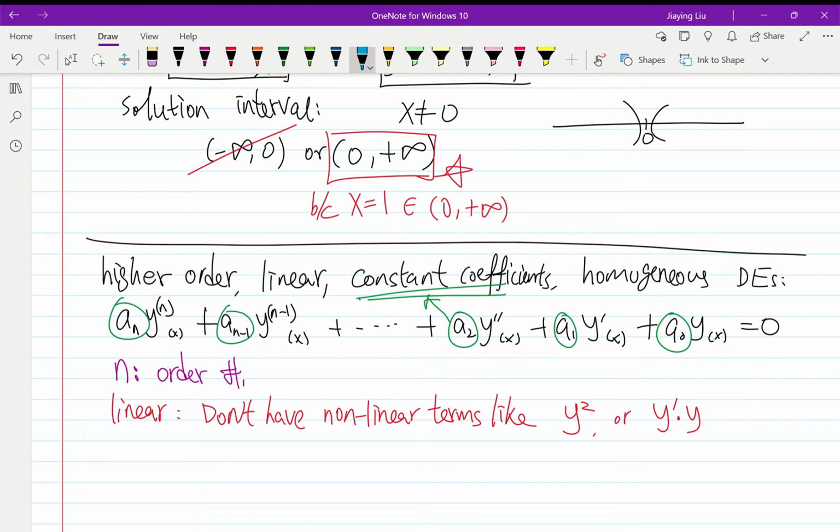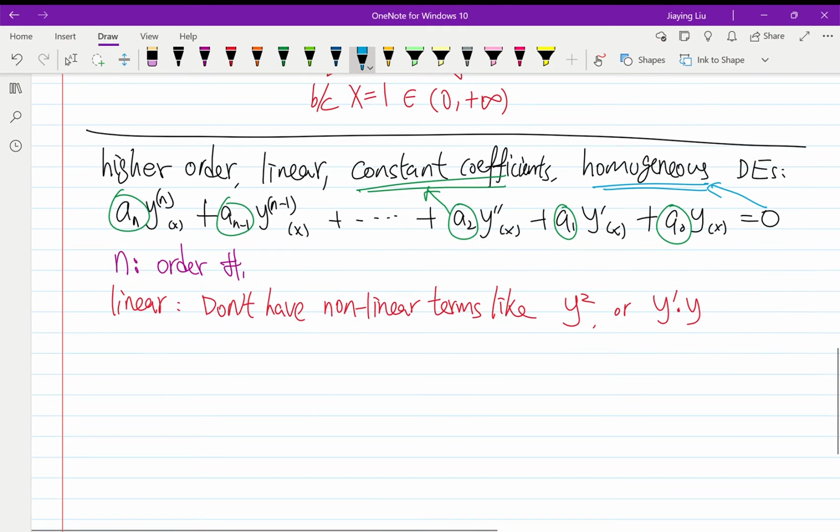And homogeneous refers to the right-hand side being 0 when you write it in this form. Try to get comfortable with those terms, because in the future when you look at an equation, you know it's linear, constant coefficient, homogeneous, and then you can follow the same approach to solve it.